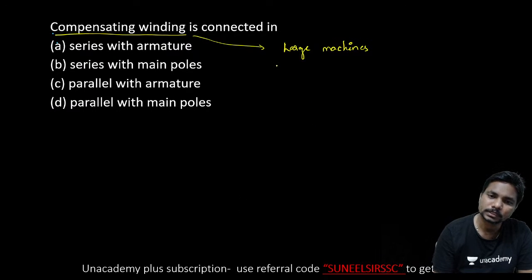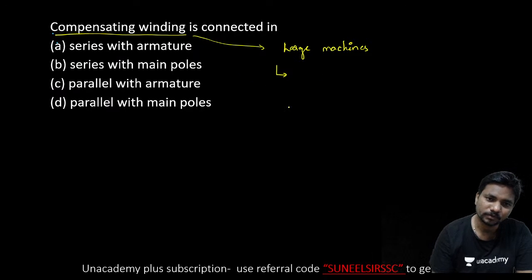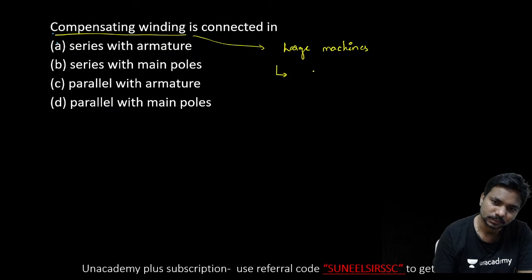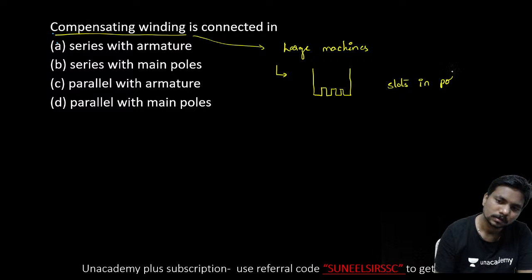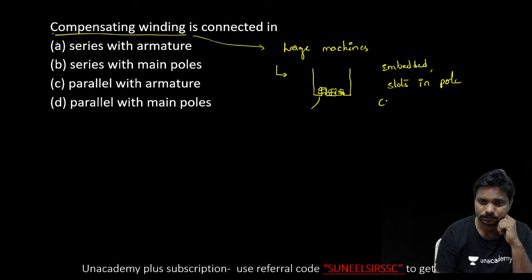In large machines, this compensating winding is connected in pole faces. For example, if we have the pole, it is embedded in slots in the pole face, and the connection is in series with the armature.